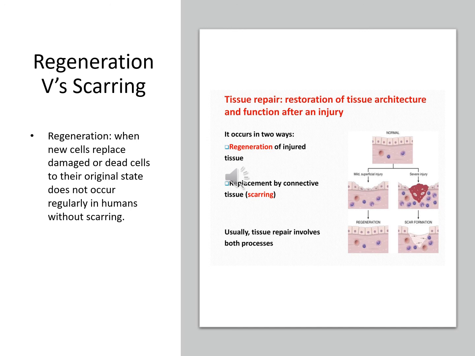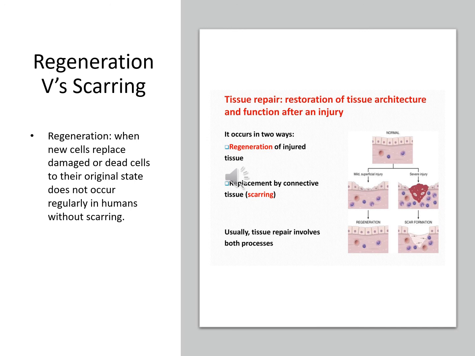Okay, so the tissue architecture and function after an injury. We've got our regeneration of our injured tissue. Then we get replacement of connective tissue, scarring. This form of scarring is what we kind of want, right? Usually tissue repair involves both processes.